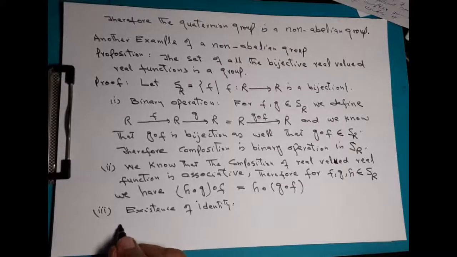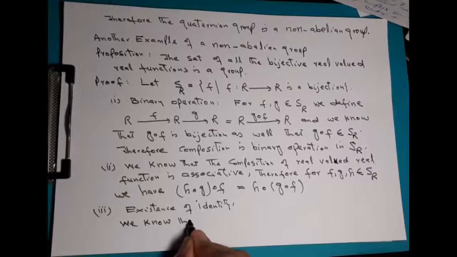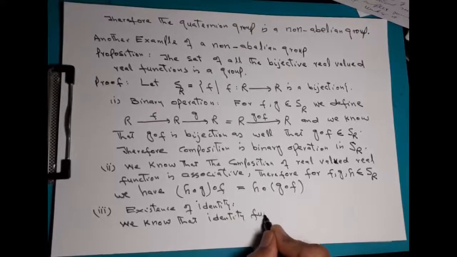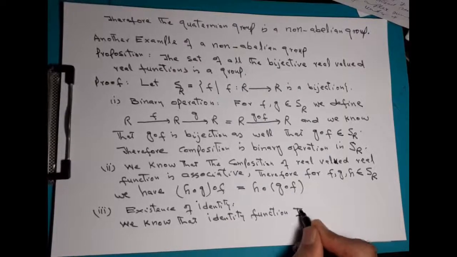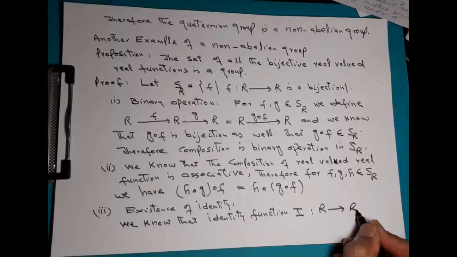The identity function, which we denote by I, from R into R is a bijection.